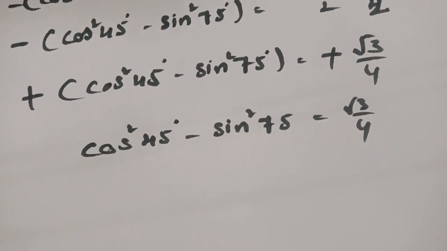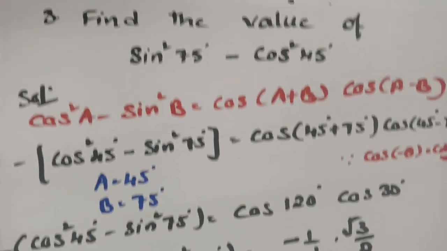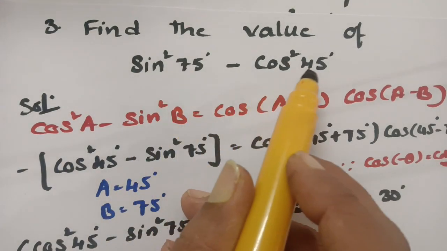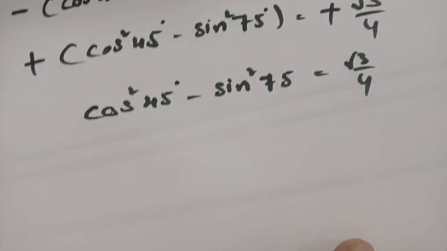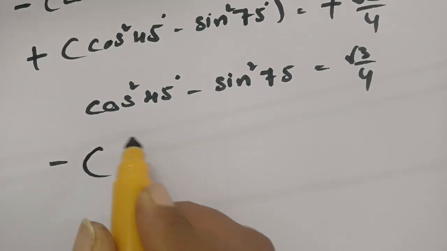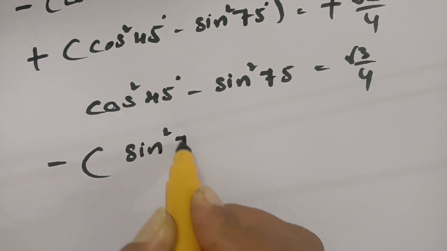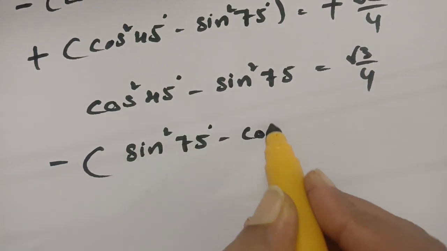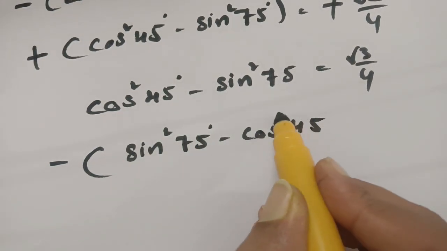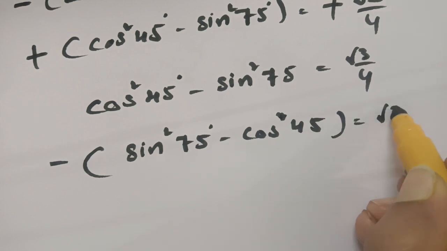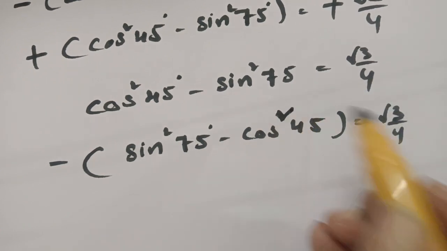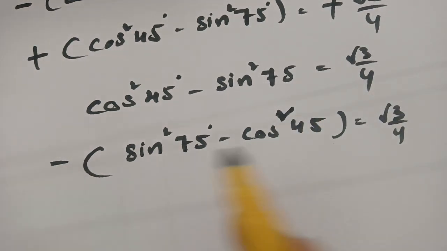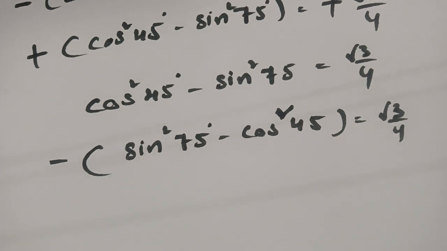But what is asked? It is asked to find sine square 75 minus cos square 45. So I am taking minus common from this, so that I will be getting sine square 75 minus cos square 45 degrees is equal to root 3 by 4. So I need this value. I am sending this negative sign to the other side.